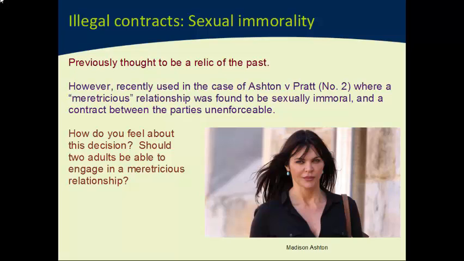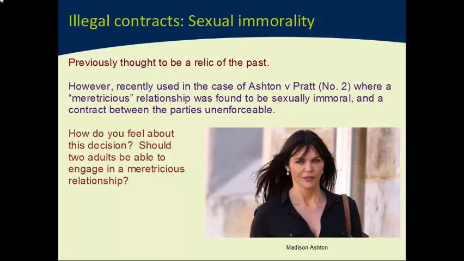And the contract for the carriage was therefore regarded as void, because both of the parties knew that the entire purpose of the contract was to enable unlawful conduct. It was to enable sexually immoral conduct.